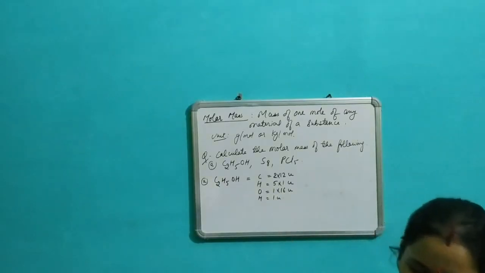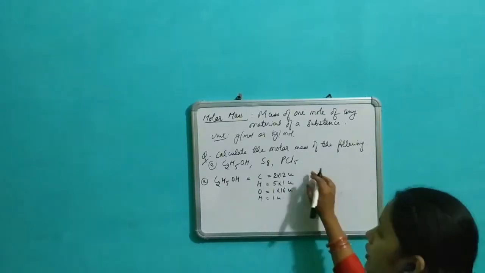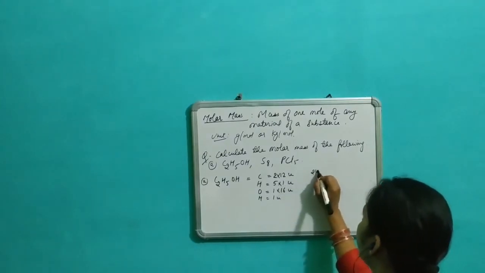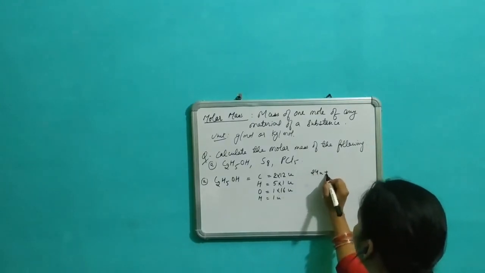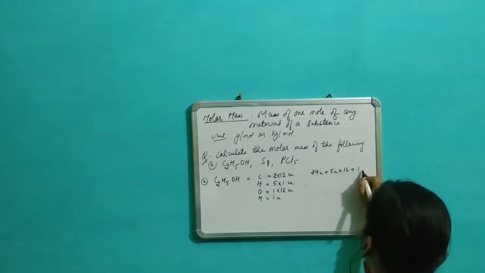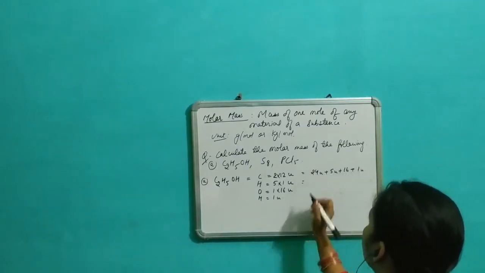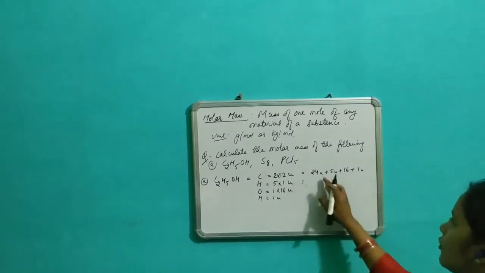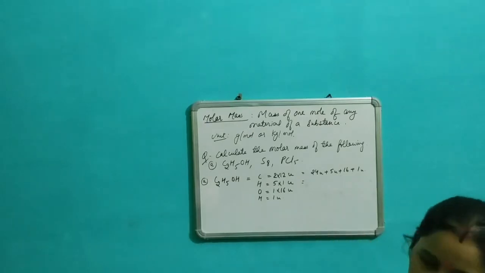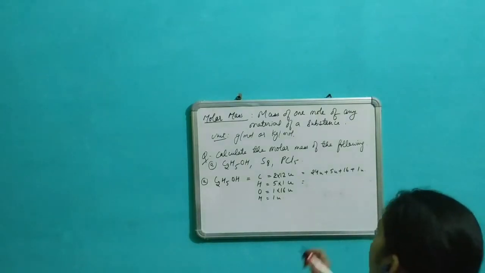Okay, so in order to find the molecular mass, what we will do, we will add. So 12 into 2 is 24 unit plus 5 plus 16 plus 1 unit. So altogether how much we will get? 24 plus 1, 25, plus 5, 30, 30 plus 16, that is equal to 46.